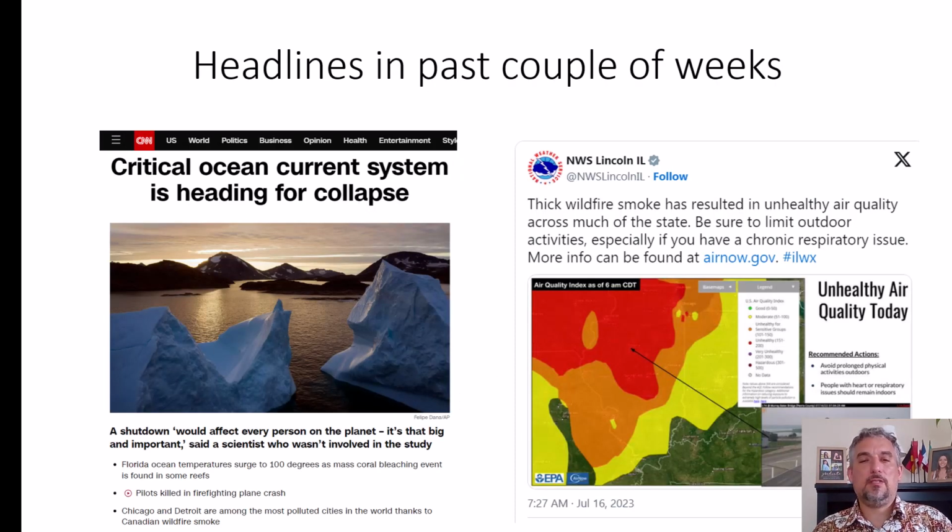Why are we discussing this? I could have started with this slide, but here are just two fairly recent headlines, from the last few weeks. Critical ocean current system is heading for collapse. Now, many of you may not study ocean currents and you may not think they're important. Well, life on Earth relies on them.